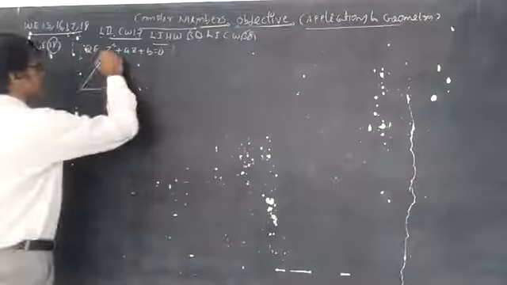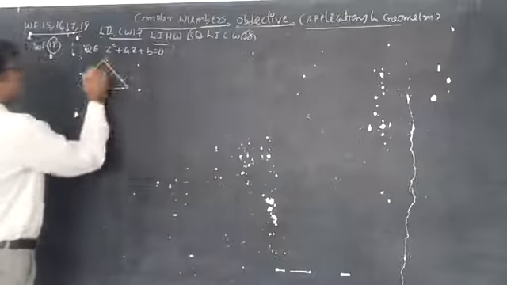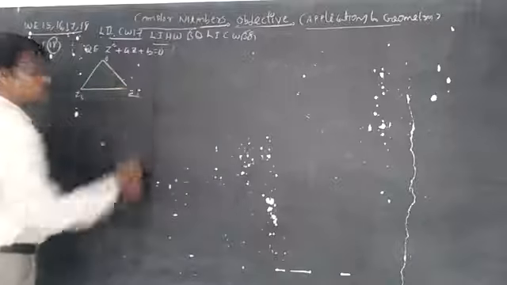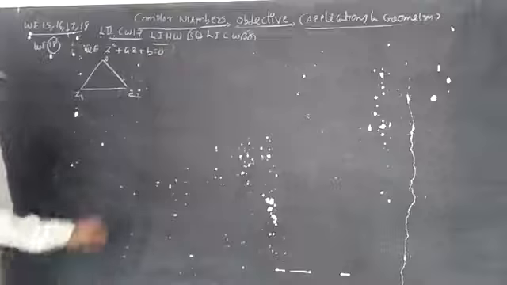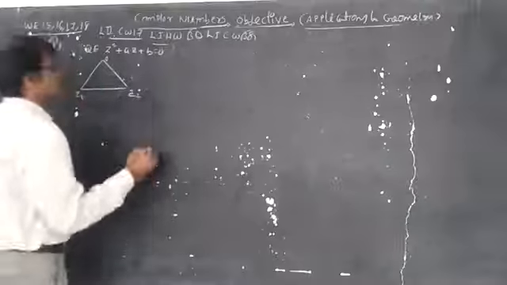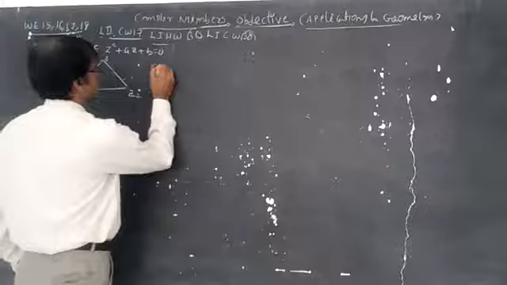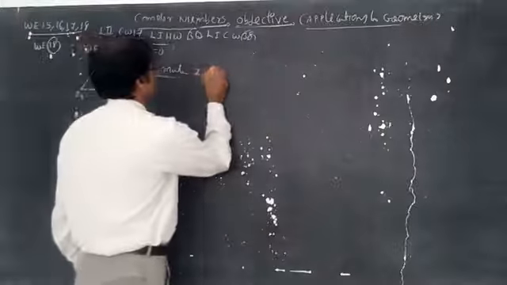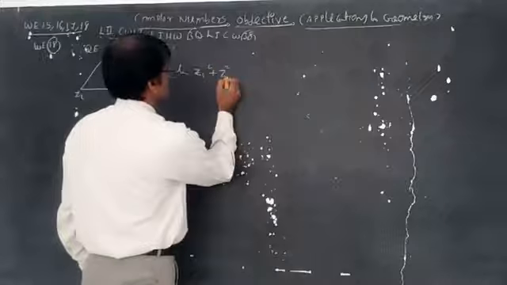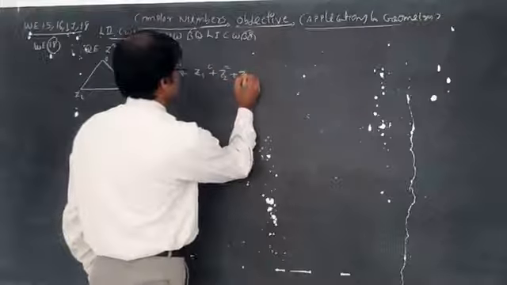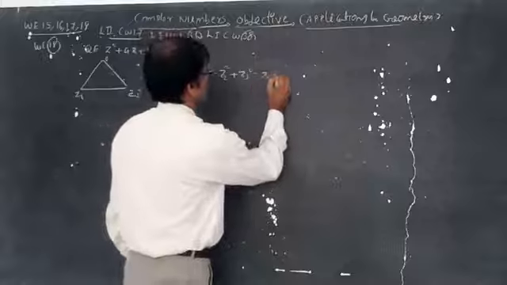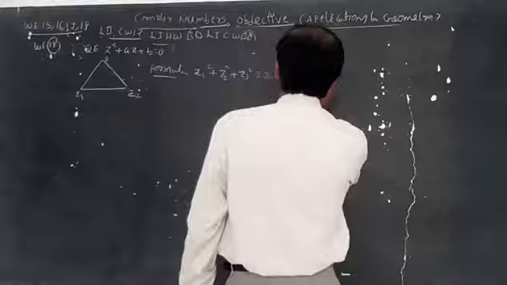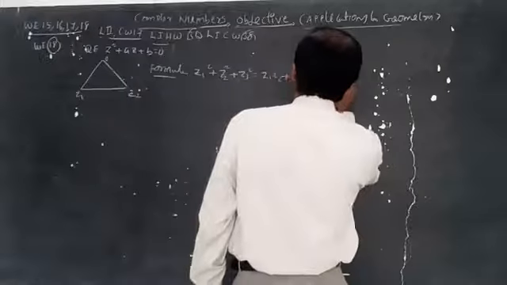Draw like this. This is O, this is Z1 and this is Z2. Origin, Z1, Z2 are making an equilateral triangle. Let us write the formula. The formula is Z1 square plus Z2 square plus Z3 square is equal to Z1 Z2 plus Z2 Z3 plus Z3 Z1.